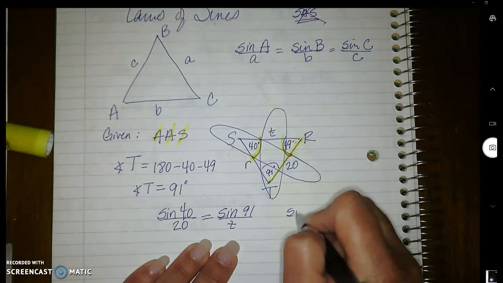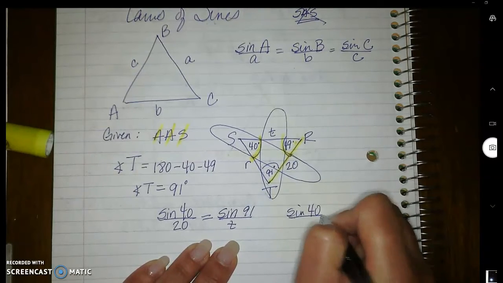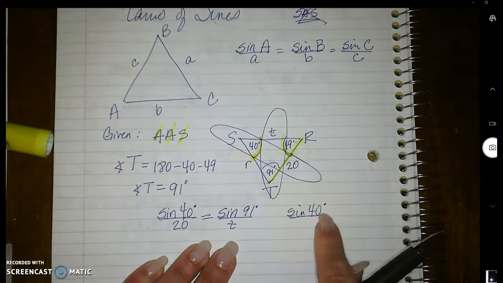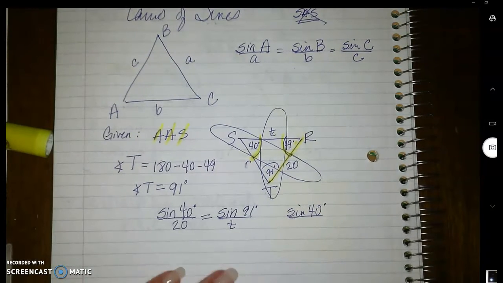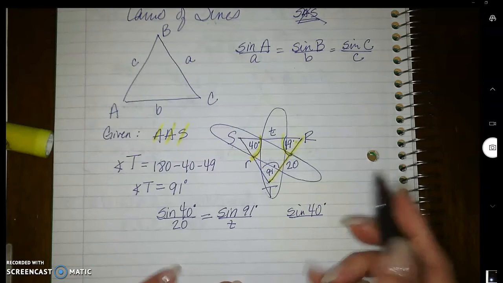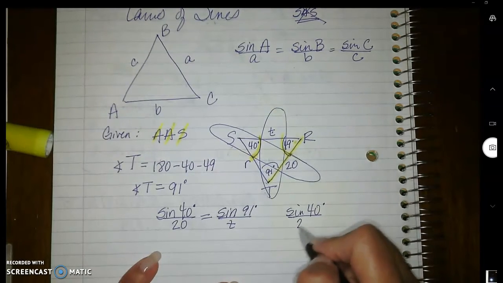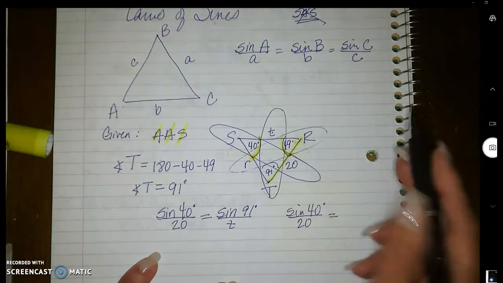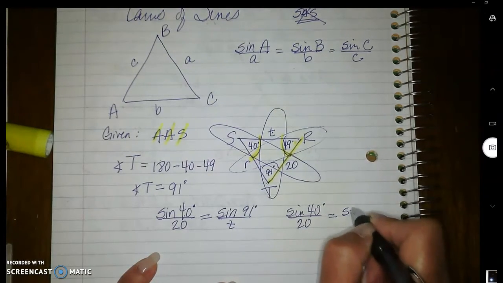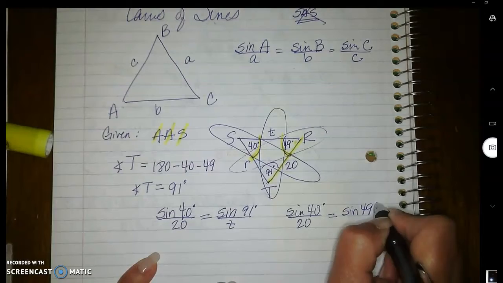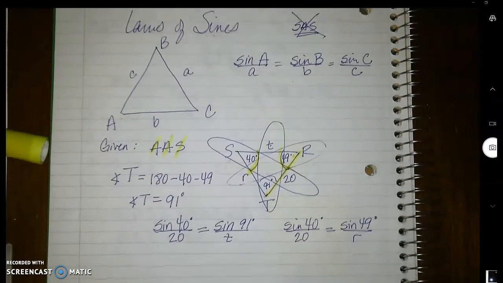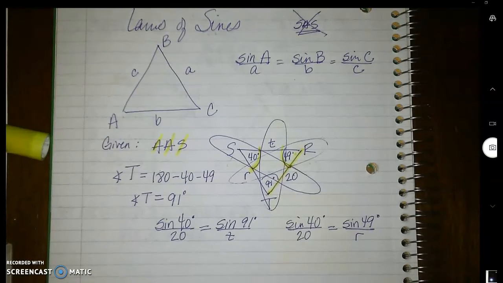So the sine of 40 degrees over 20 is also going to equal the sine of 49 degrees over side R. By the way, it's really important that you keep track of what's an angle and what is a side measure, so don't forget those degree symbols. Then I'm just going to do a little bit of algebra and see what they come out to be.